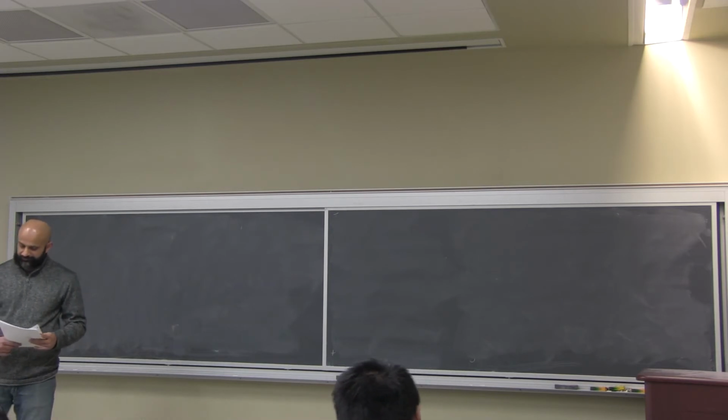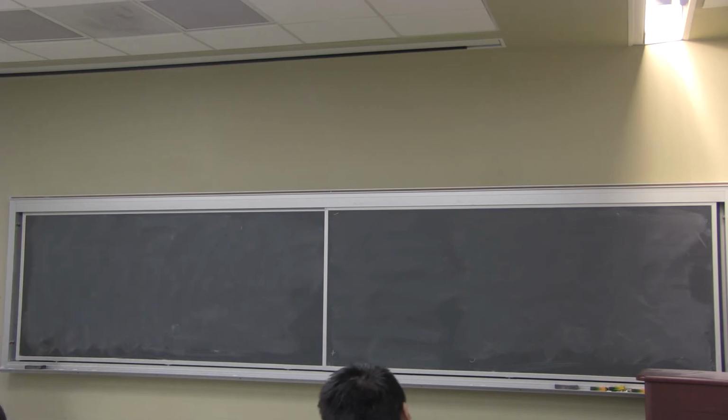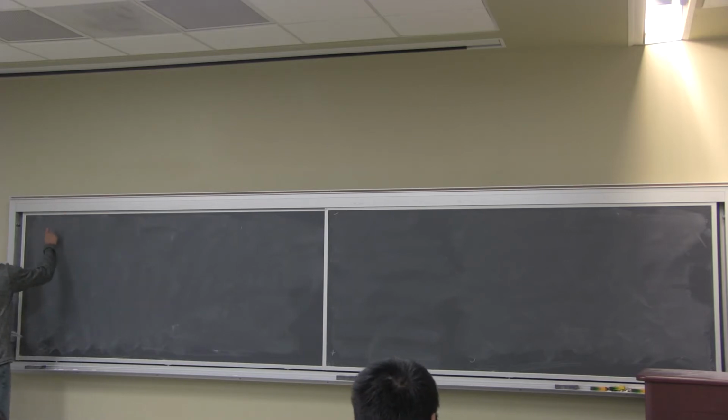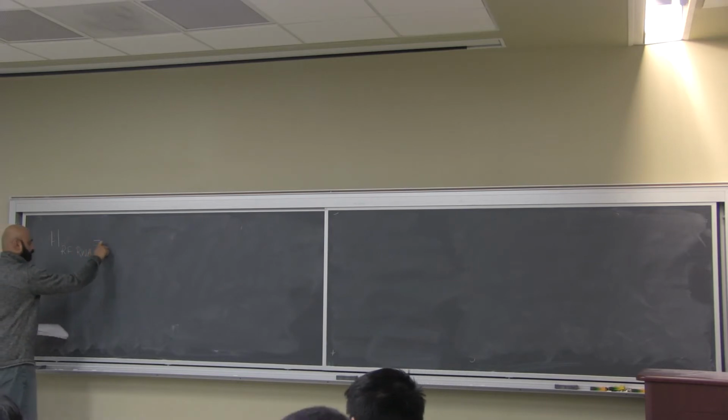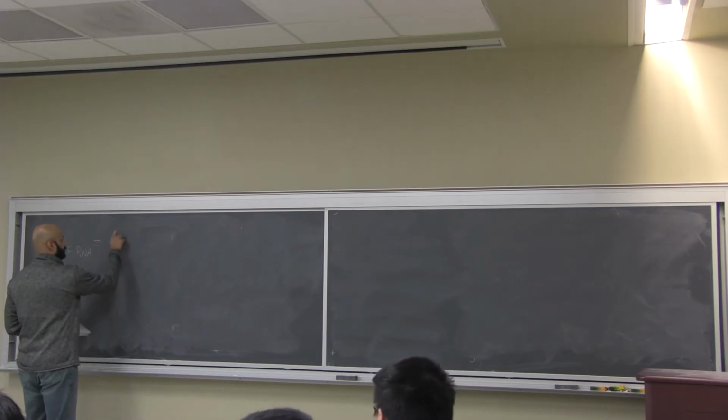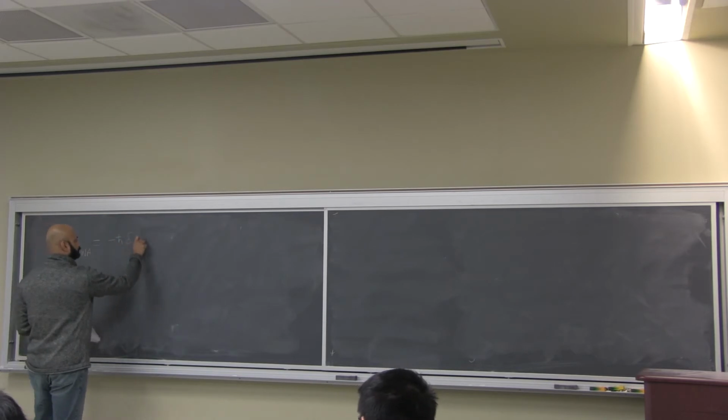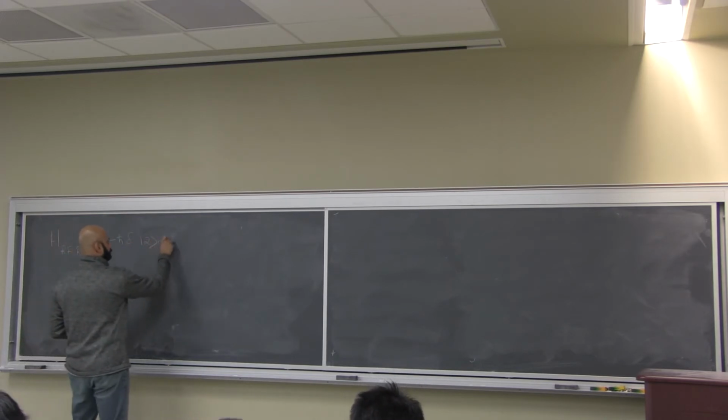Okay. The last class we had finished a discussion of what happens to a system in the rotating frame and the RWA. We had a Hamiltonian for the two-level atom interacting with an electromagnetic field.